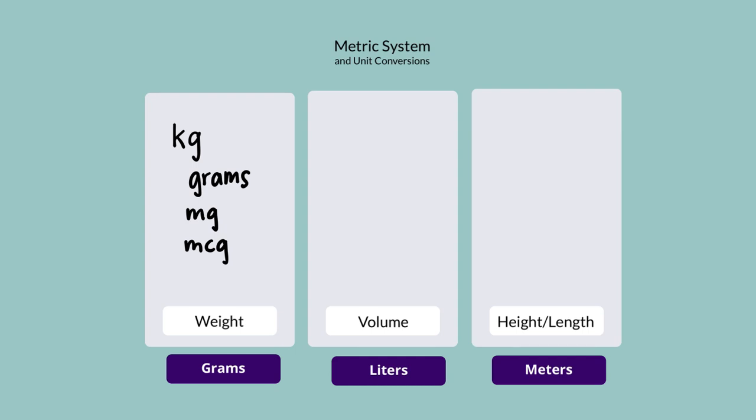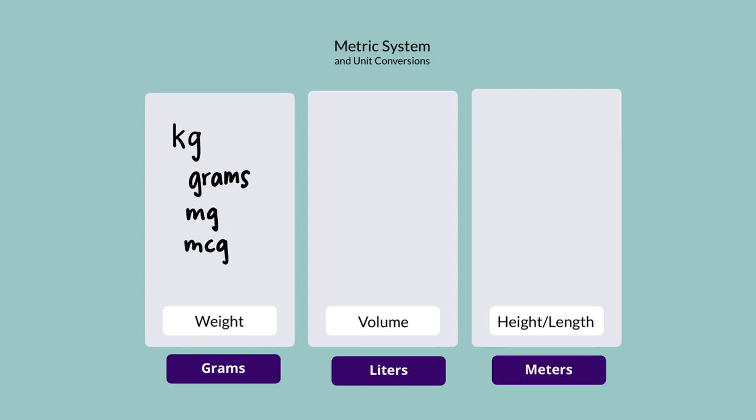But as nurses, we're not getting a scale out and weighing our medications usually. We're determining how many tablets or capsules or milliliters to give that patient. So we'll need to know, okay, how many milligrams are in this tablet or how many milligrams are in 5 milliliters. So you'll learn that as you go throughout. That's part of what dosage calculations is, determining what to give.